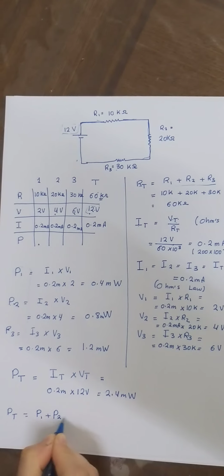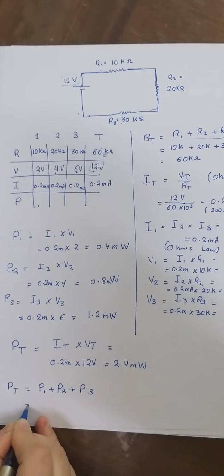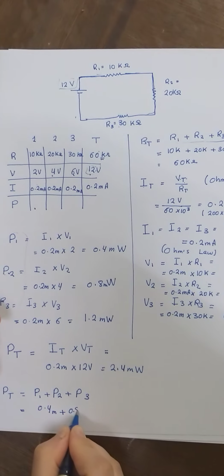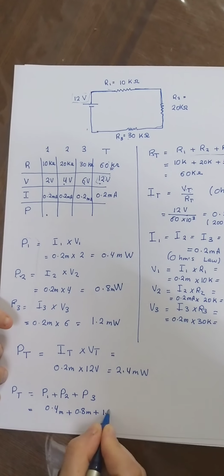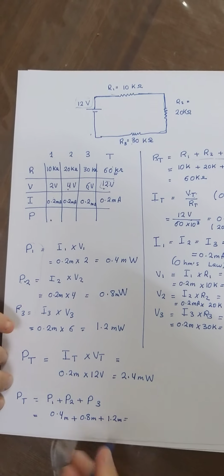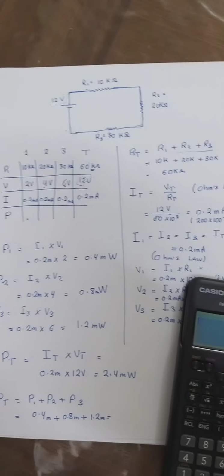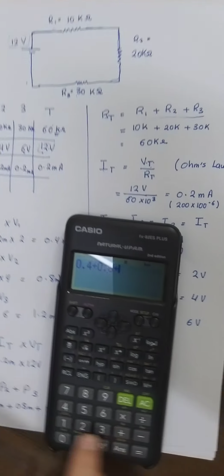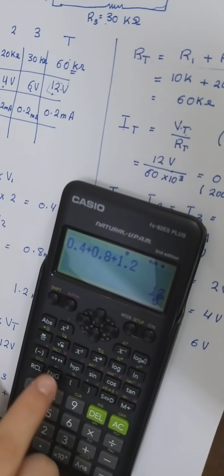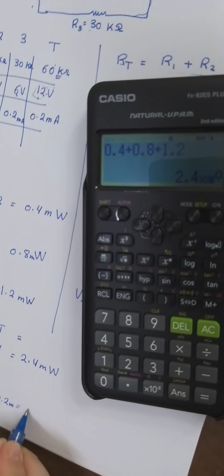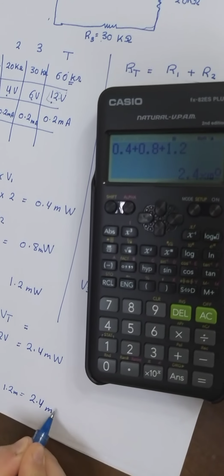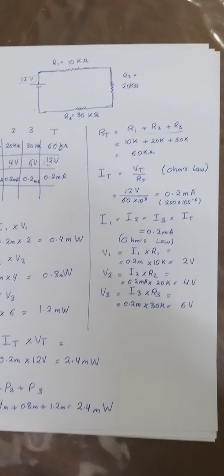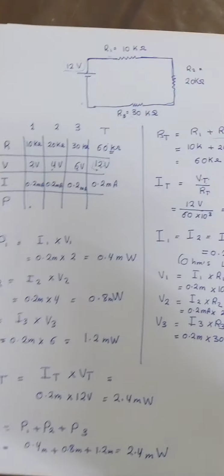P1 plus P2 plus P3, 0.4 plus 0.8 plus 1.2, which is 2.4. And don't forget the milli, and the unit is watt. So this is the answer. Thank you.